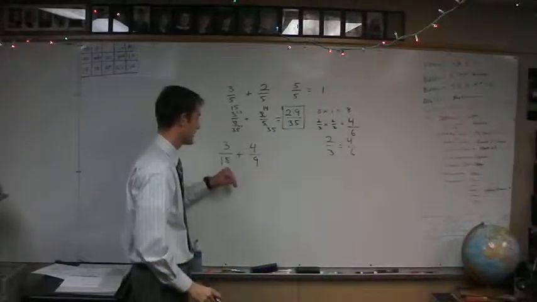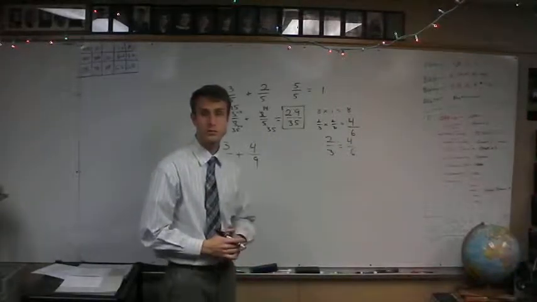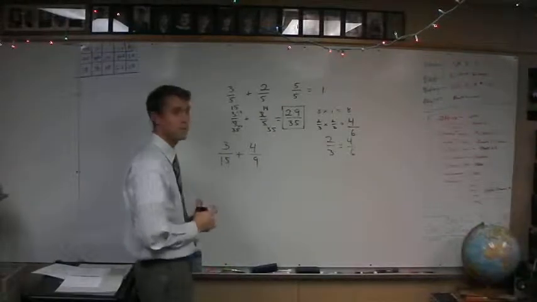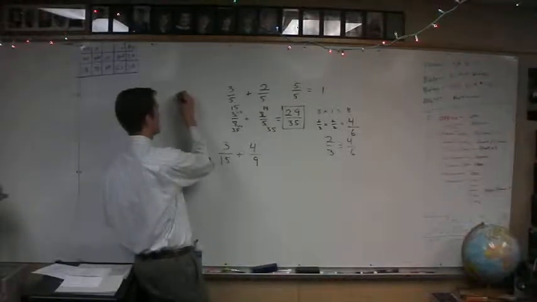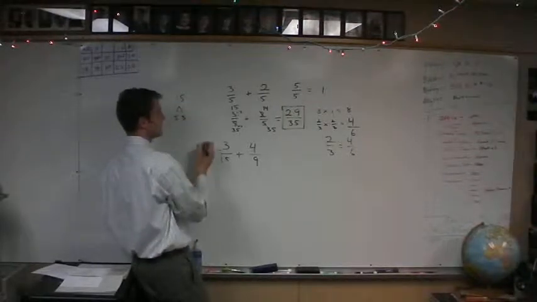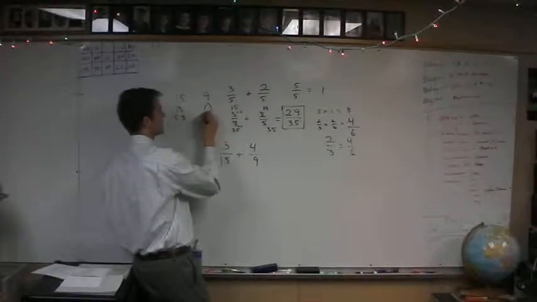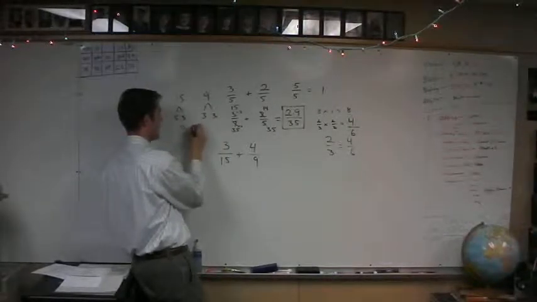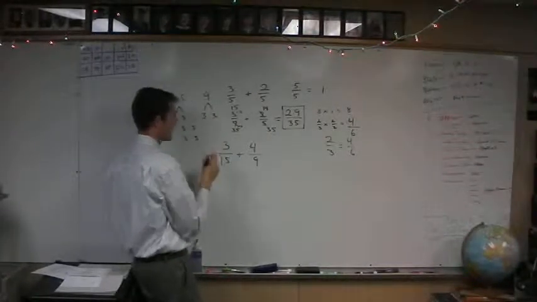Now my first step is to find the least common multiple of the denominators. I do this by writing each one as a product of primes using my factor tree. 15 is 5 and 3, 9 is 3 and 3. So I have 3 and 5, 3 and 3.